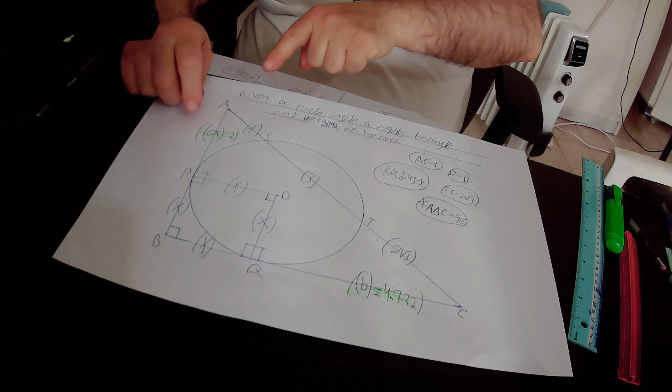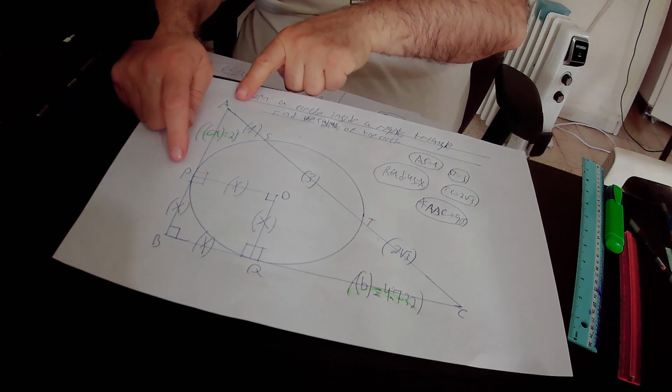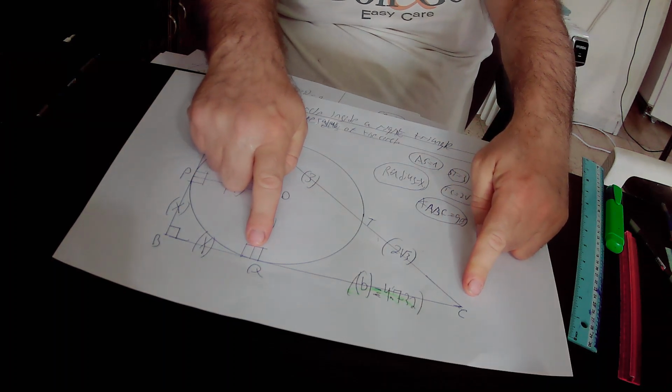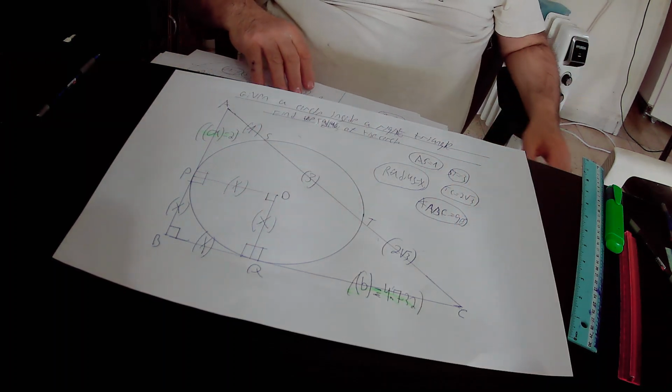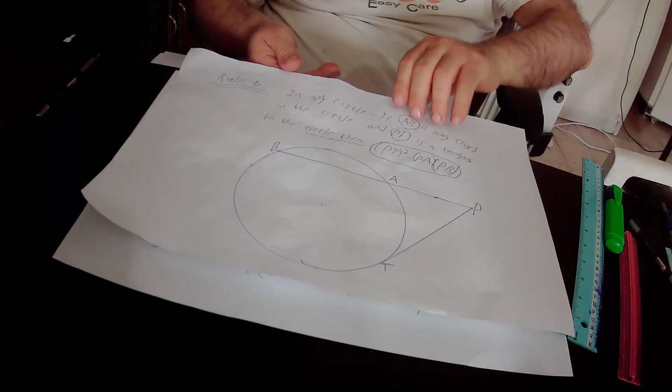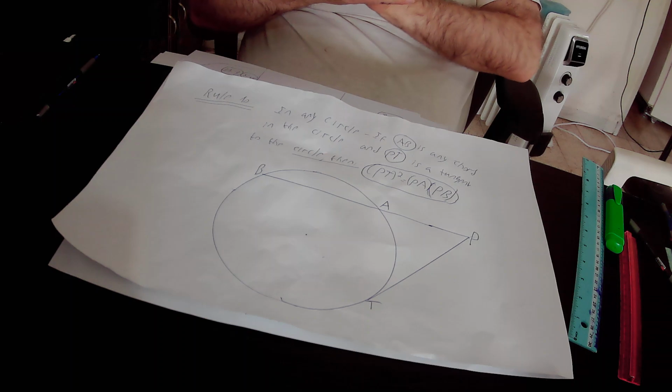In the next step we defined this line segment AP as a, and we defined this line segment QC as b. Here we implemented rule 10. Rule 10 is true in any circle.